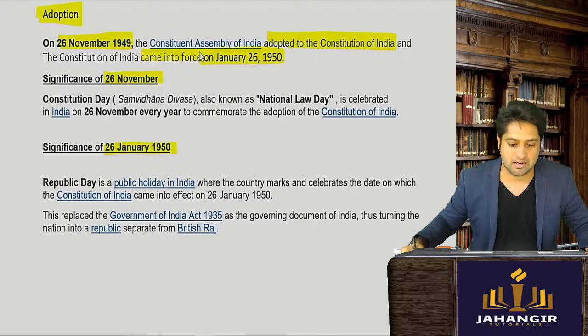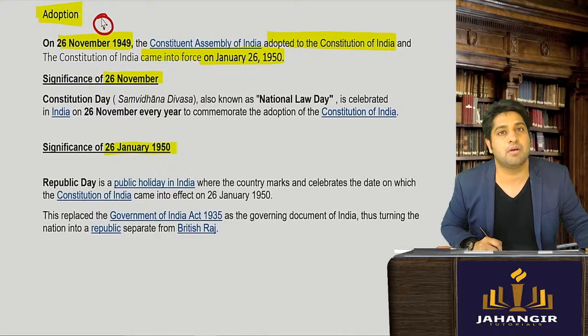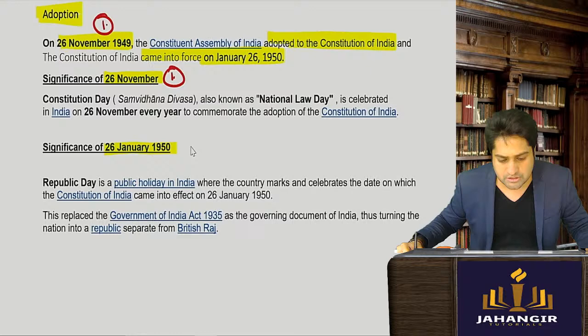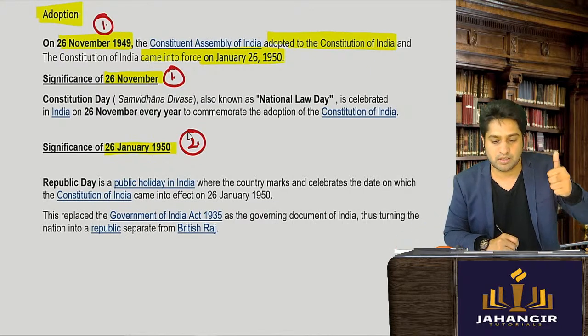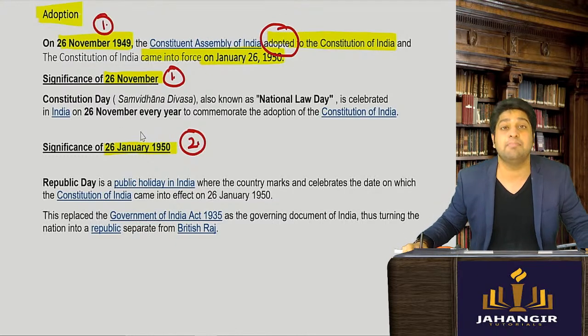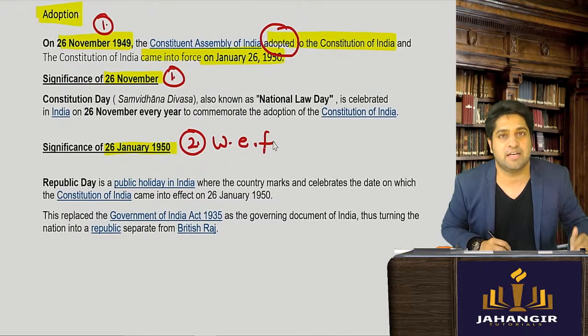So two dates are important. First is 26th November 1949 and second is 26th Jan 1950. On 26th November, the Constitution was adopted and it came into effect with effect from 26 Jan 1950.